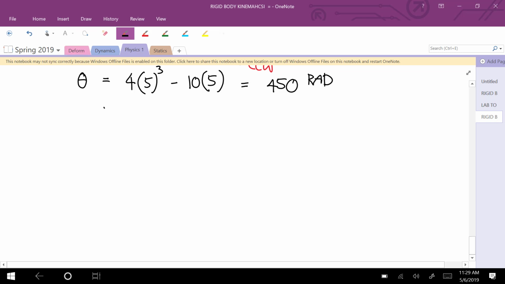Okay, so the angular position is 1.94... tell me one more time. Okay, 1.946 radians past the starting position.